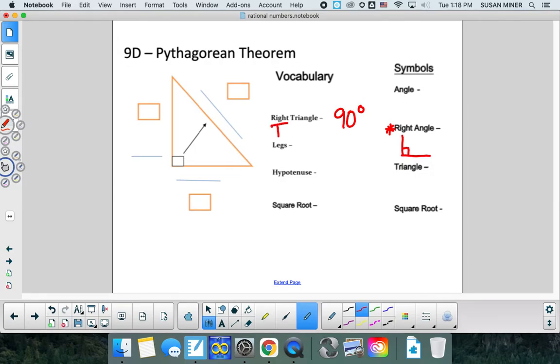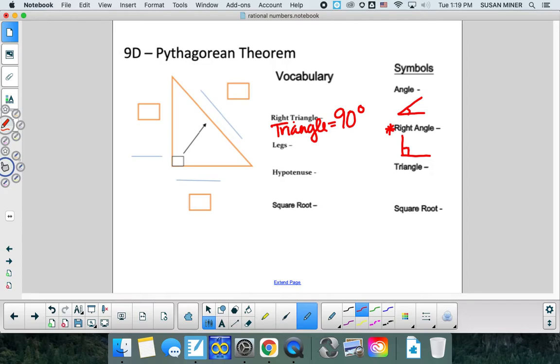It's a triangle where one of the angles is 90 degrees. The symbol that we use for any other angle is just a little angle. Sometimes we put an arc in there to show that angle, but the symbol for any other angle besides a right angle looks kind of like an alligator mouth.